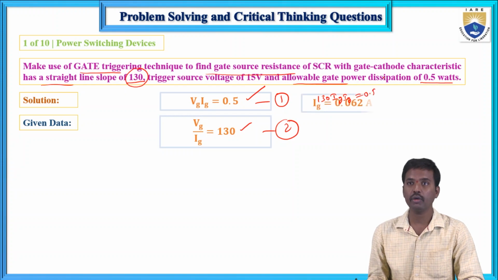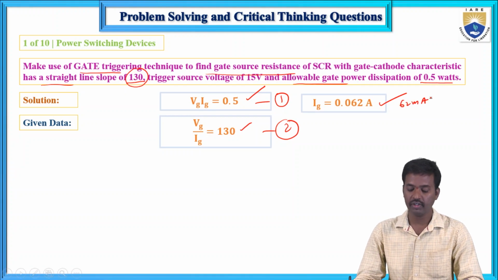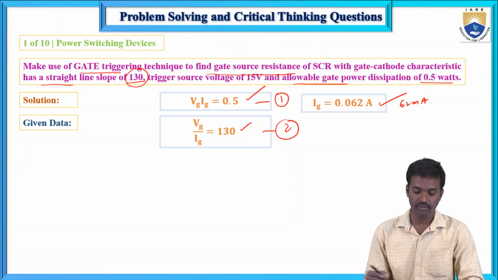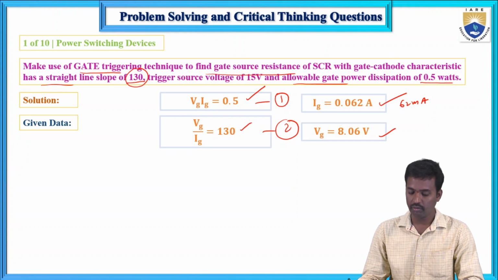From this you can determine Ig equals 0.062 amperes, that is 62 milliamperes. And from this Ig value, you can determine the Vg value, which equals 8.6 volts. So now we have determined Ig and Vg.